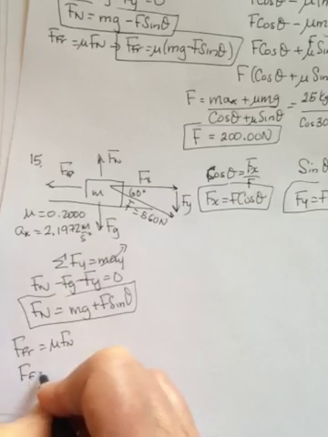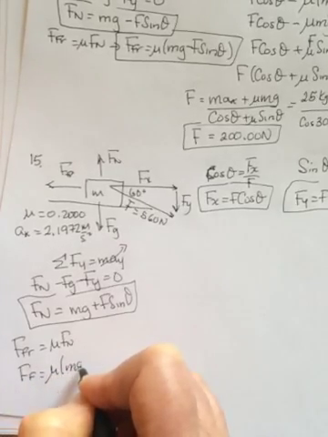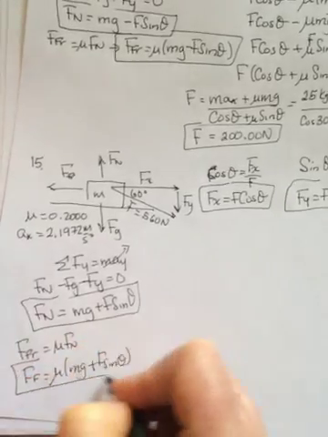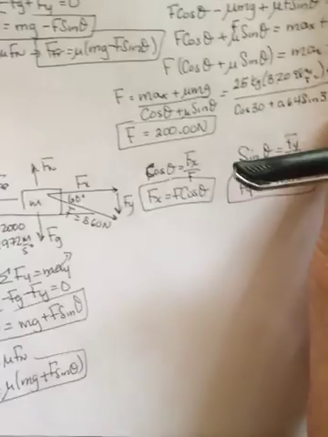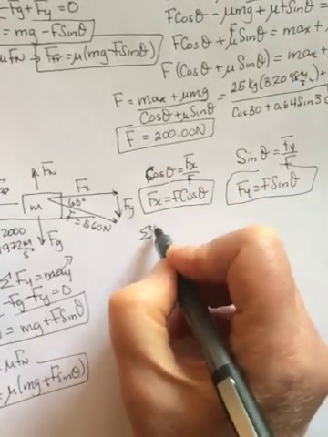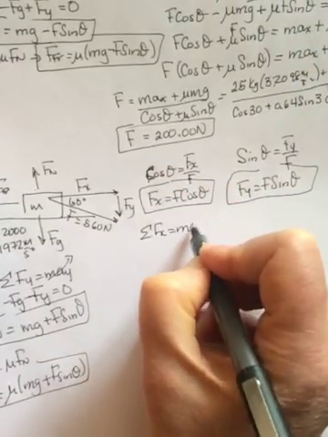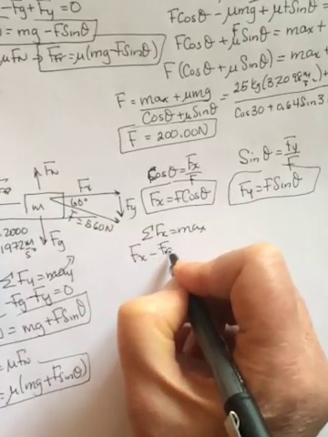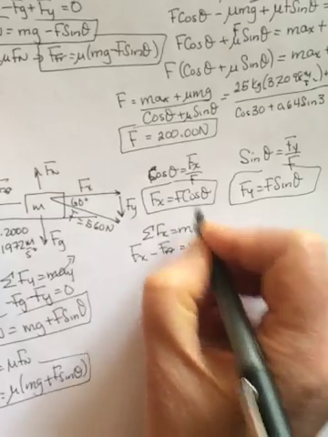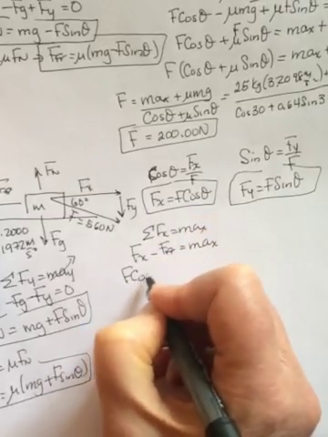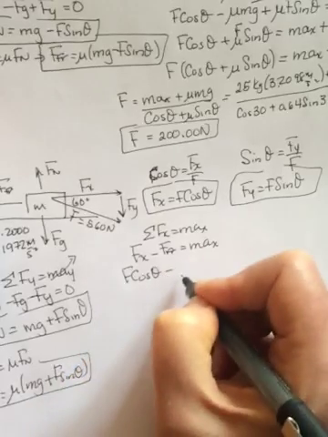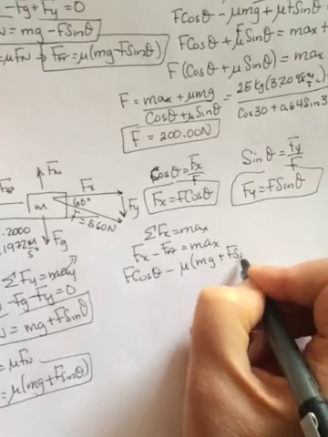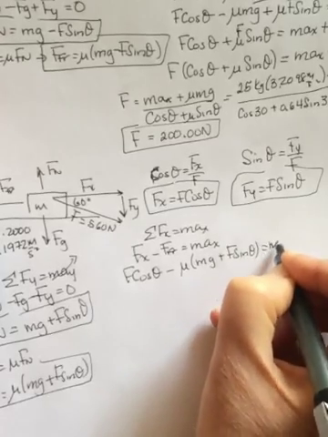So friction will be mu brackets mg plus F sine theta, which we can sub in a minute in our x direction. Okay, so now we go to our x direction. Sum of the forces in the x is equal to max, and we have Fx minus friction is equal to max, and Fx is just F cos theta, and we just found friction down there to be mu brackets mg plus F sine theta equals max.